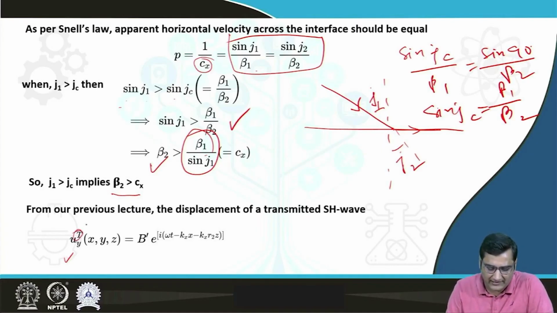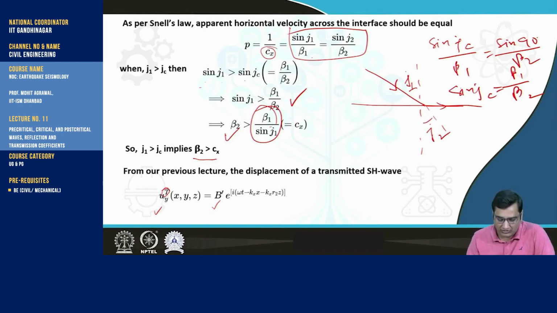Uy transmitted as a function of x, y, z will be equal to B dash, that is the amplitude in the second medium of the SH wave or the transmitted wave, e to the power i in brackets omega t minus horizontal wave number kx x minus horizontal wave number kx r2 z.